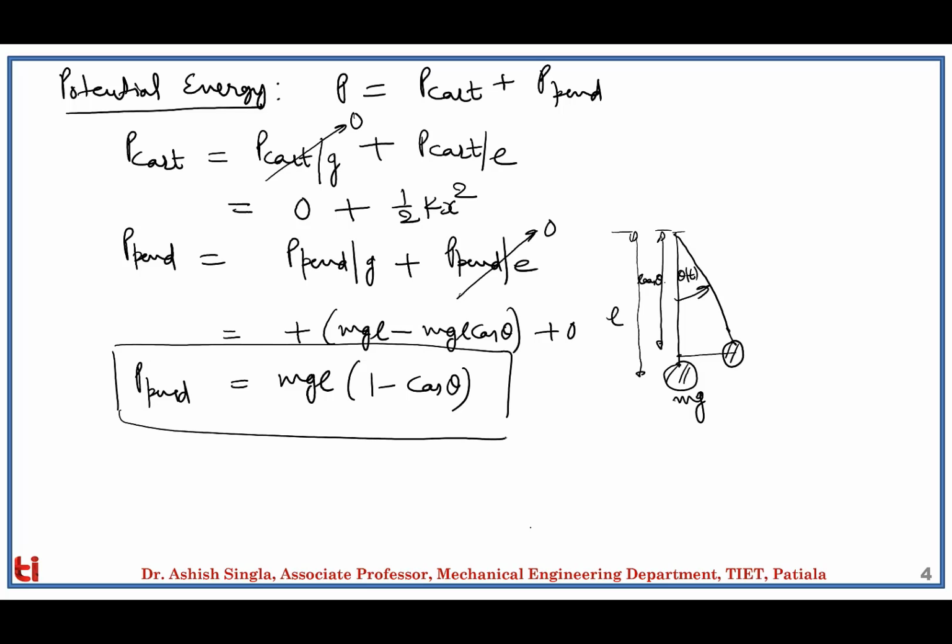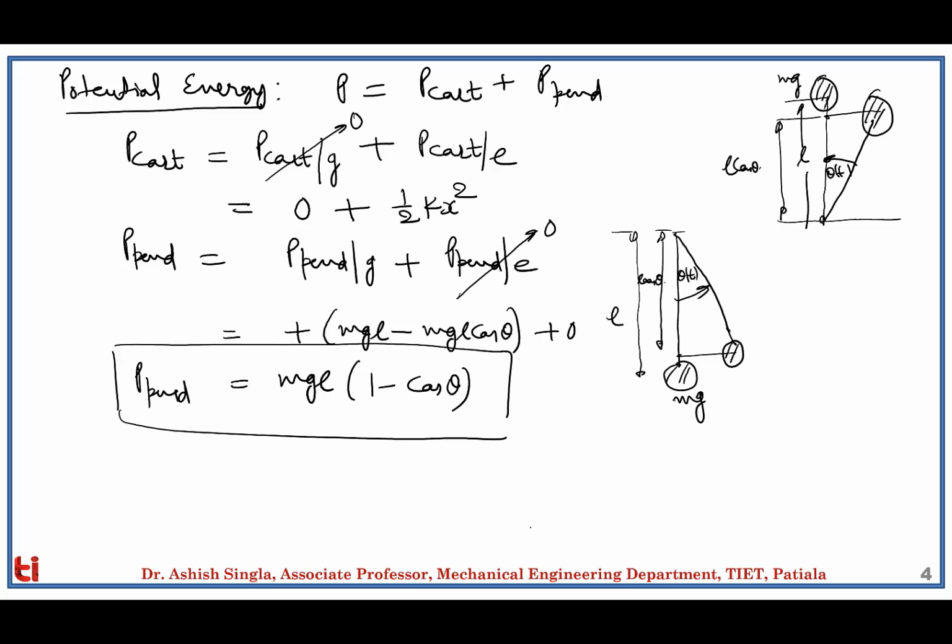Let's take the other example, where the pendulum is an inverted pendulum. In that case, let's say we have the pendulum at the uppermost position. This is again mg, and the original length is L, and let's say the pendulum after some time will fall to this value, and this angle is theta, and this new location is L cos theta.